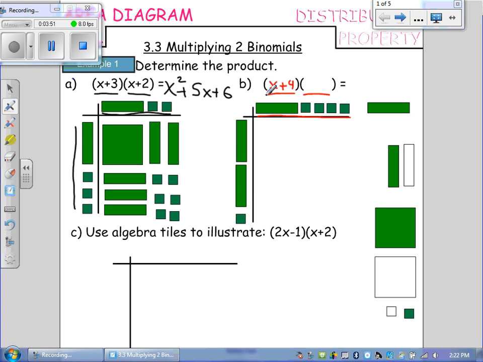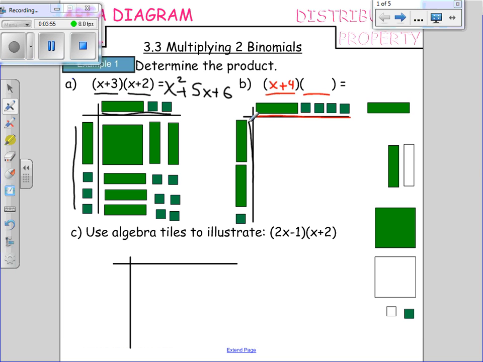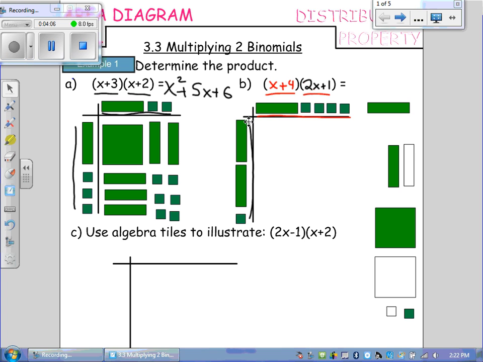So what's the second bracket going to be? We're doing addition now. 2x plus 1. So we filled in our brackets. Now we have to do it pictorially. You guys should get this.